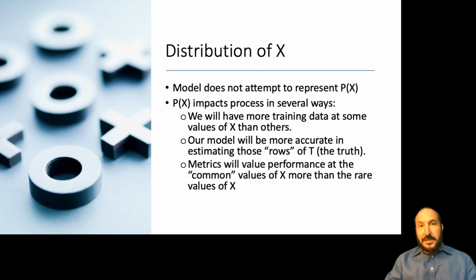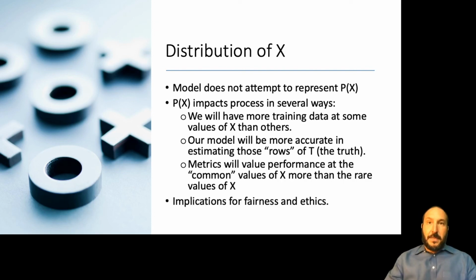But it's an important thing to realize that the metrics that are commonly used essentially say it's more important to get the things that I'm going to see very frequently right, and it's less important to get the things that I'm going to see very rarely right. On a very broad level, this makes sense. We want to do well on the things we're going to be doing every day, and we're less concerned if we don't do as well on these really unlikely situations.